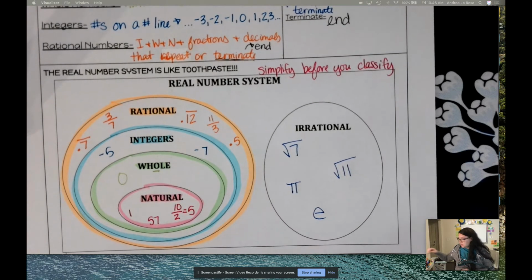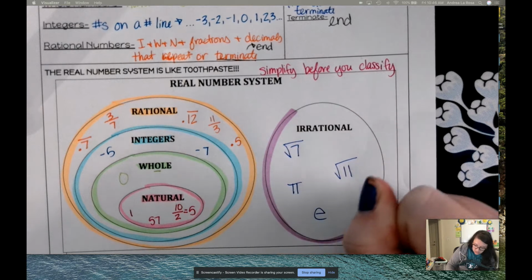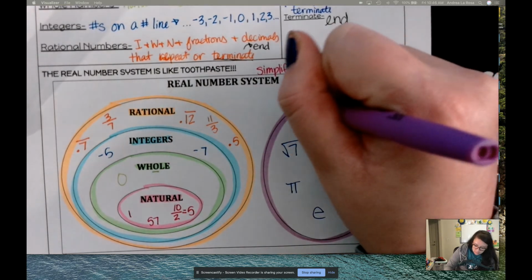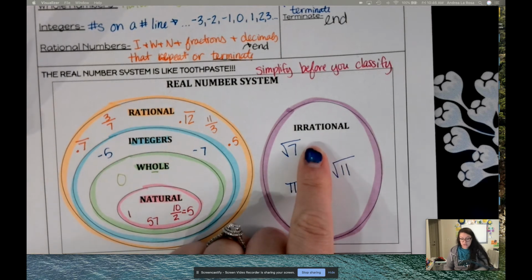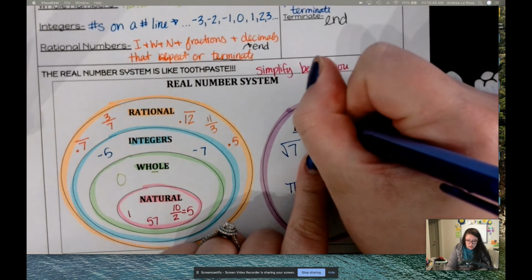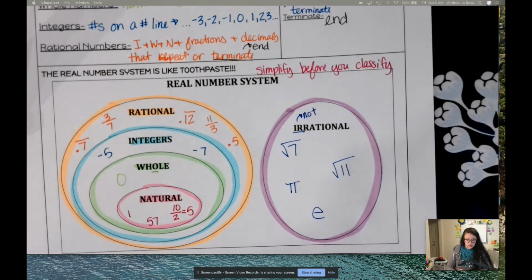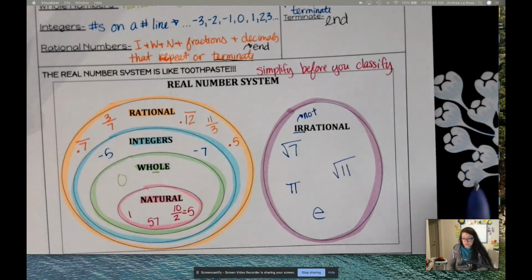When we look at the irrational bubble, it's all by itself. Numbers are either rational or they're irrational. That prefix ir means not. So numbers are rational or they're not rational. That makes sense.